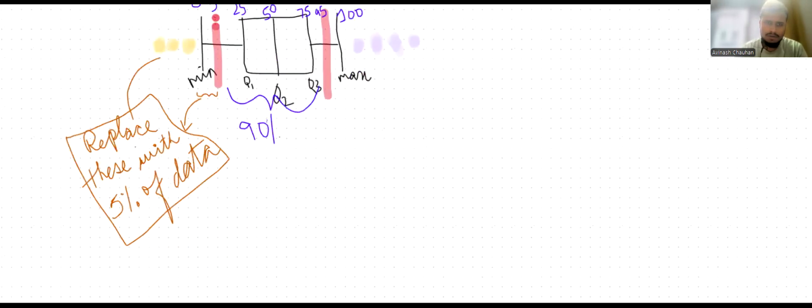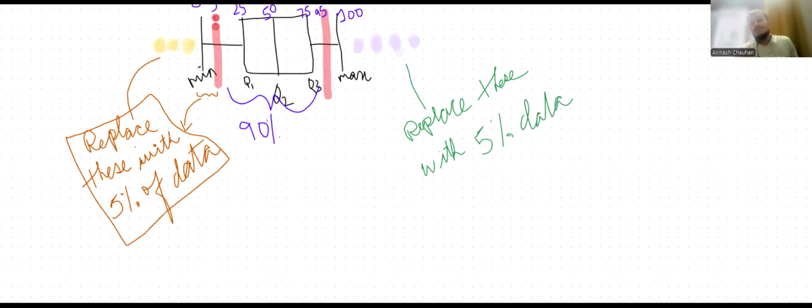I will replace these with 5% of data. Again, which 5% of data?